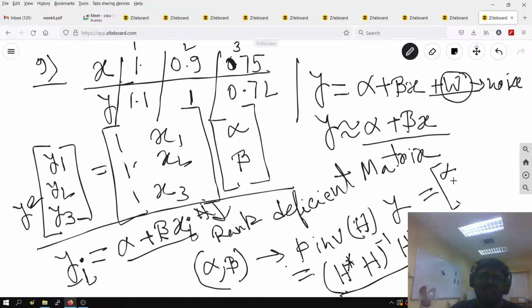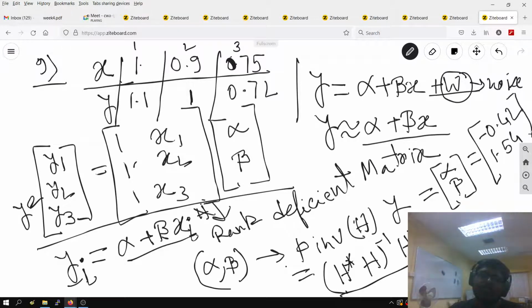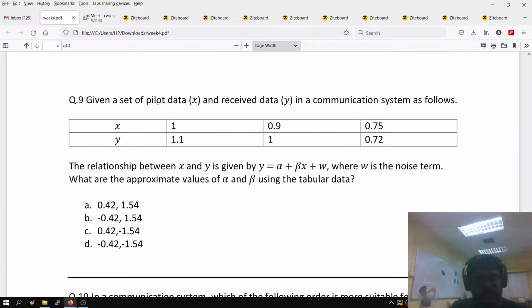This alpha and beta becomes minus 0.42 and 1.54. So this is the answer here. So the correct option is option B.